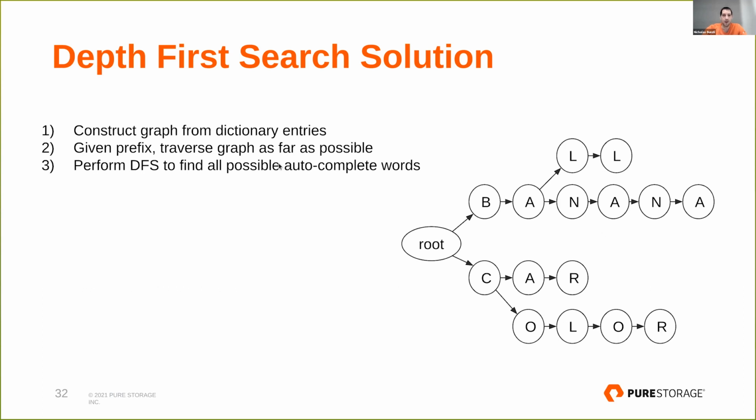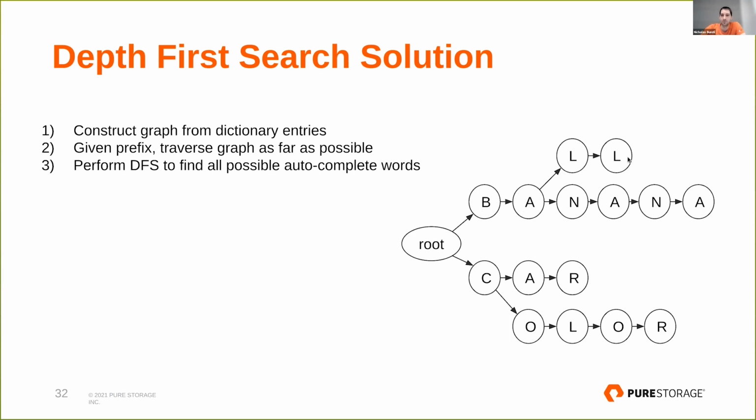After you construct that trie structure, when you're given a prefix, all you have to do is traverse according to that prefix. From this point, for example, using BA, all you have to do is depth first search. Again, depth first is the one where you go all the way to a leaf node with no more children.